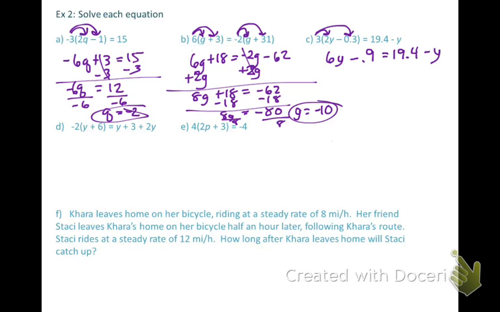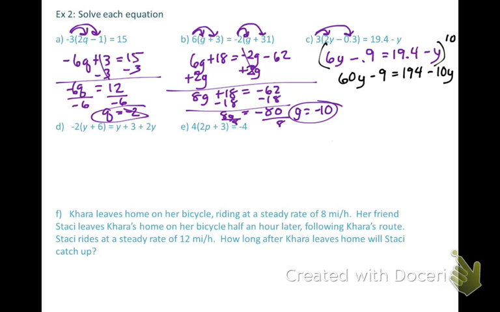Now you can do it two ways. You can get rid of the 0.4. We've done this before in our other decimals. So I'm going to get rid of them by multiplying by 10. So it's going to be 60y minus 9 equals 194 minus 10y.